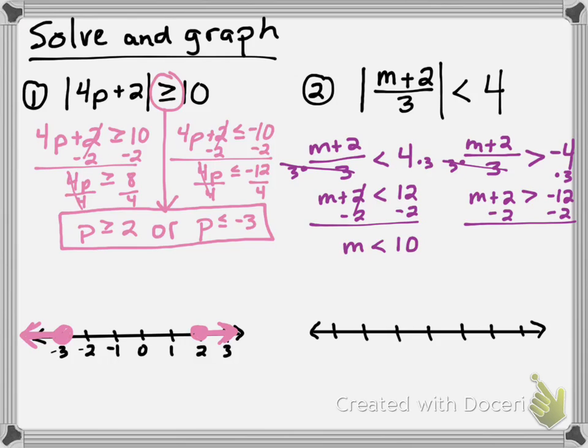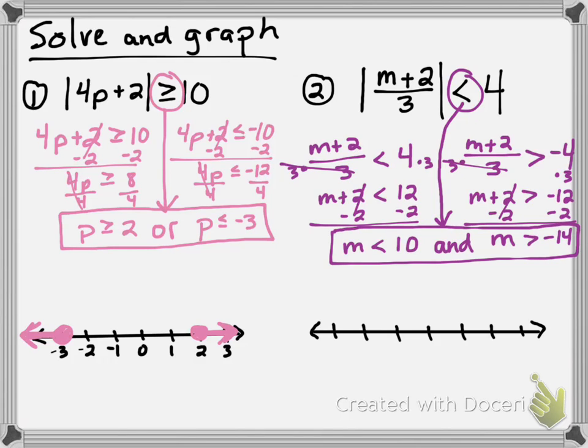Then I subtract 2, so I get m is greater than negative 14. Again, I didn't flip the sign because I didn't multiply or divide by a negative number. This time I look at the original inequality and I see it's less than, so that lets me know that this is an AND statement. So my solution is m is less than 10 and m is greater than negative 14.